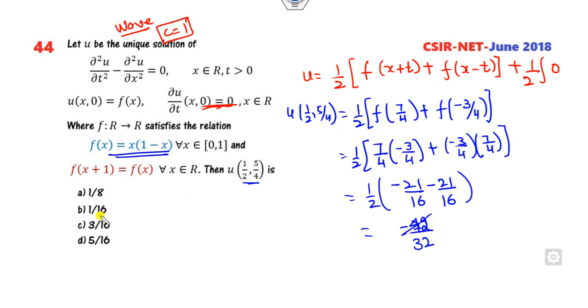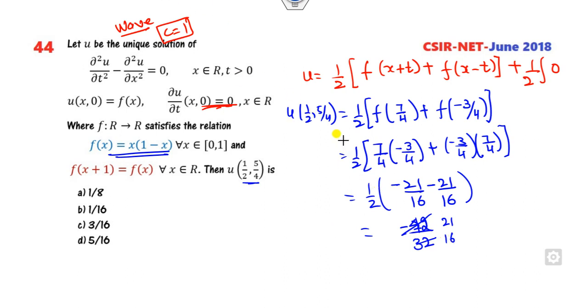Because none of them is a minus. Is there any calculation error? So 1 minus 7 by 4 is minus 3 by 4, that's correct. Minus 3 by 4, and 1 minus 3 by 4 is 7 by 4, that's correct. So where is the mistake? 21 by 16, because none of the answers is there.